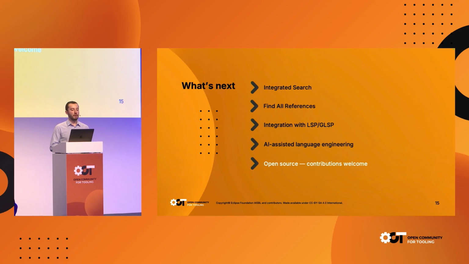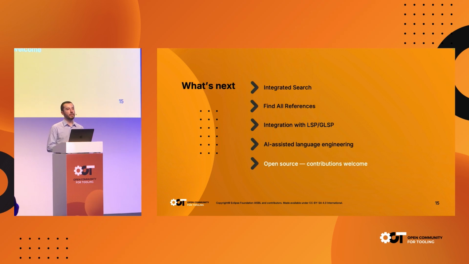Now, going forward, it would be very nice to develop a similar framework, but for the web. Right now, this is tailored for the desktop, and it doesn't have a language server protocol or a graphical language server protocol.